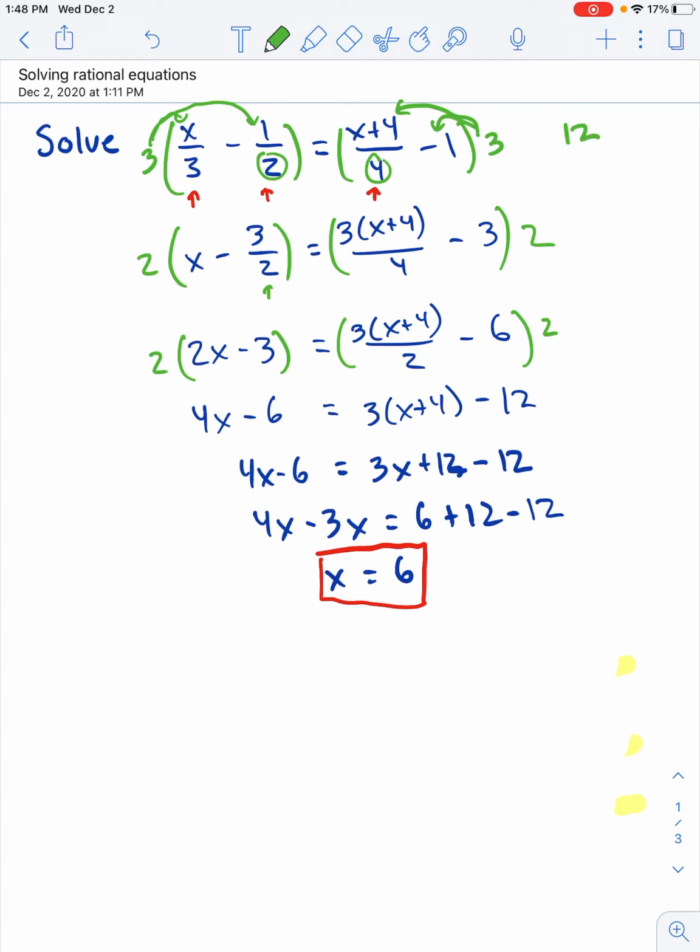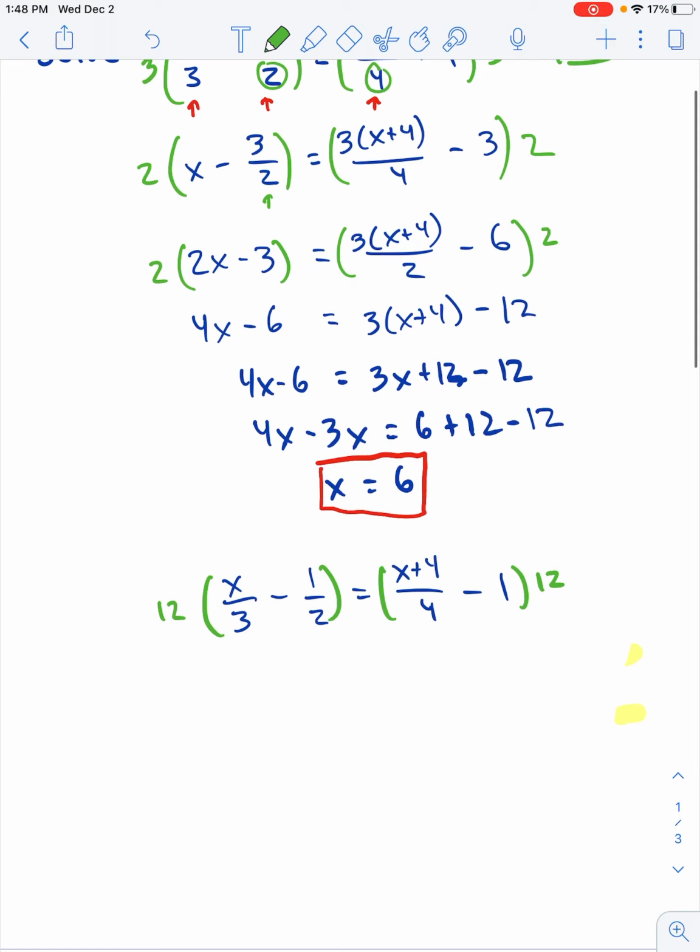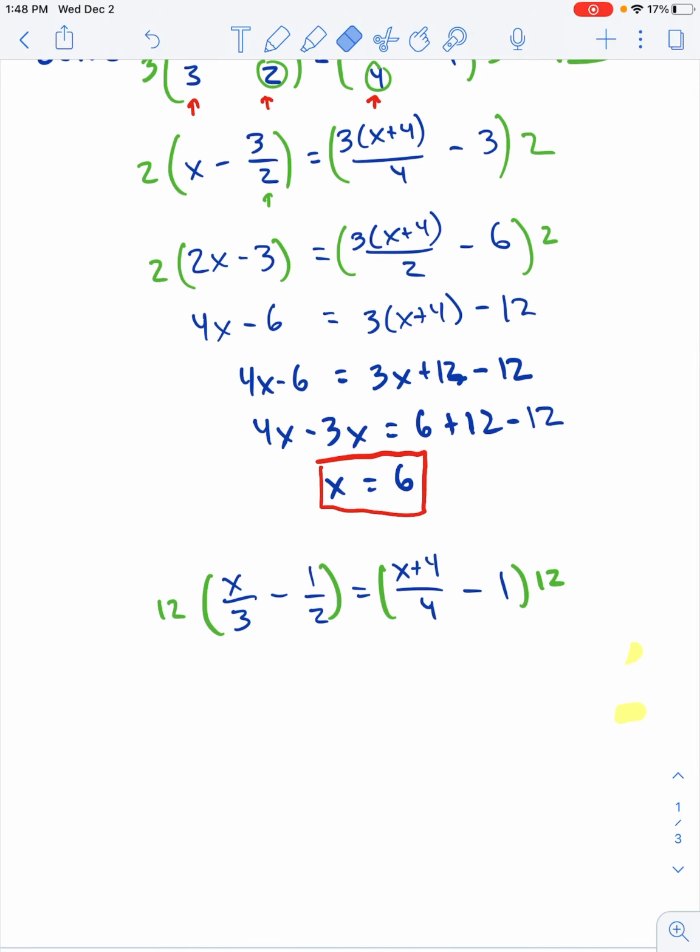So 12 is a common multiple of 3, 2, and 4. So what if I took that beginning equation and instead multiplied by 12 on both sides? Then I can get rid of all of the denominators at once.